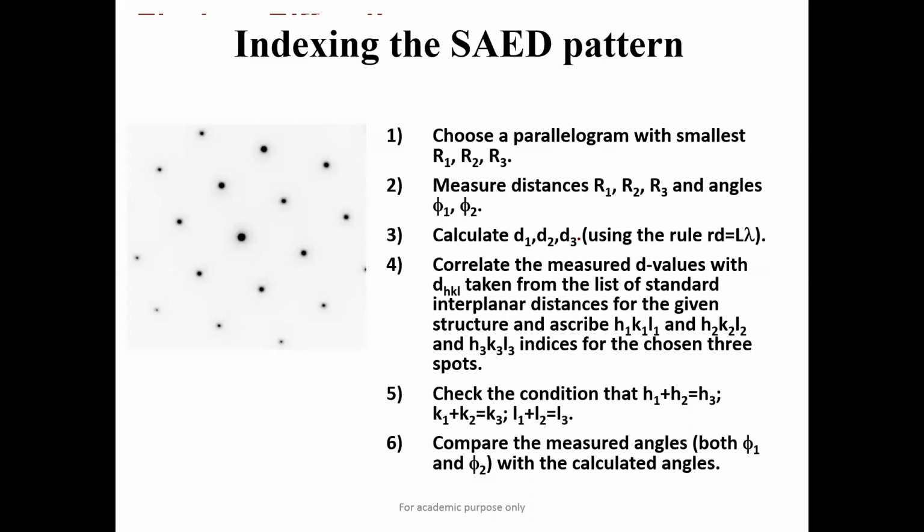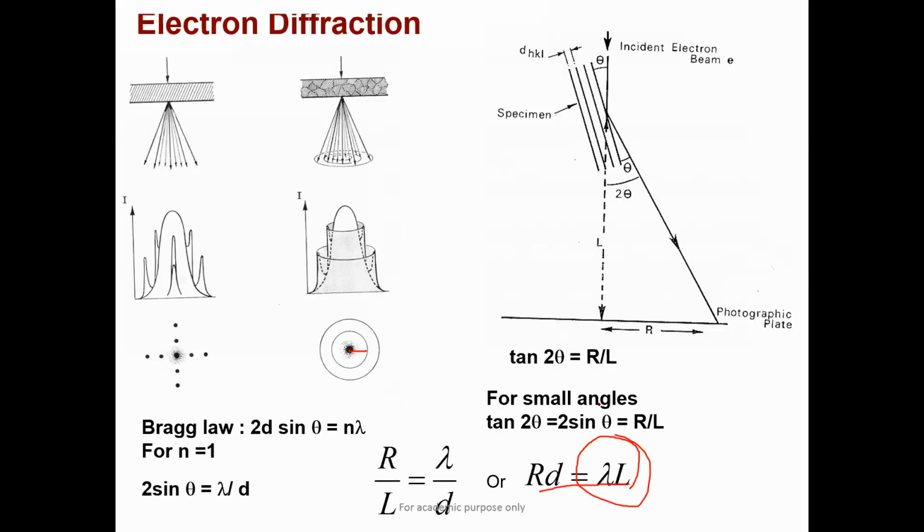Now using this formula, that is Rd equal to lambda L, you can do a small bit of mathematics from here to get this expression. Theta is very small, that's why we have taken tan 2 theta equal to 2 sine theta, and then sine theta is equal to... a bit of mathematics is involved that you can do, in any standard book you can find this.